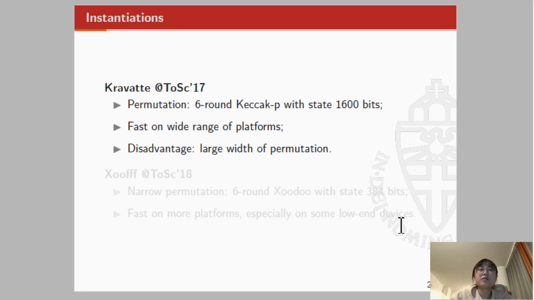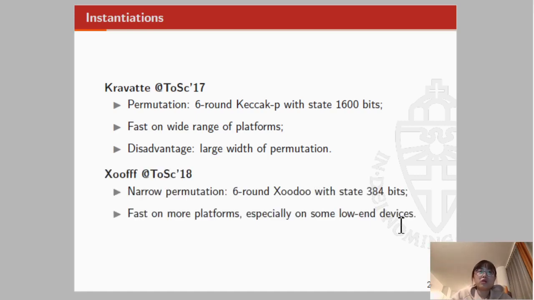As far as we know, there are two instantiations so far. The first one is Kravatte, which was proposed along with the Farfalle construction. It uses the 6-round Keccak-p as its permutation and is fast on a wide range of platforms. But Keccak-p has a very large state, which limits its application on some low-end devices.